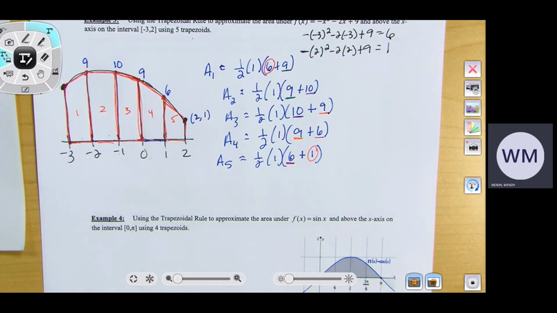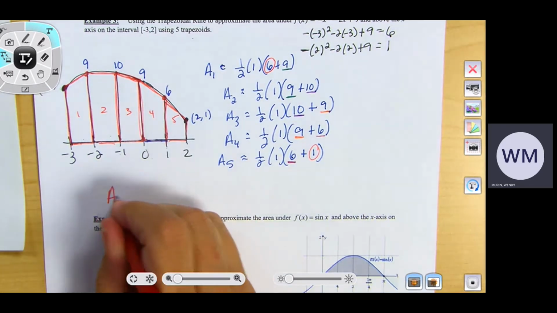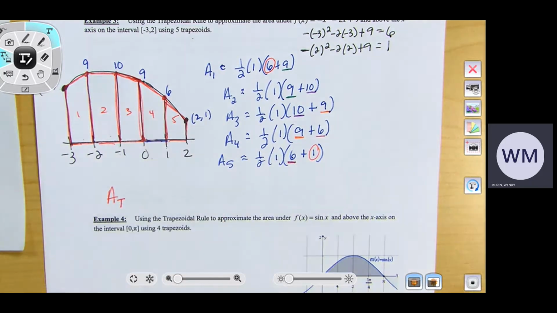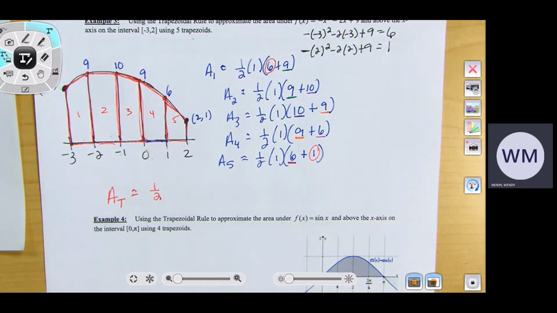So we can use a shortened formula, which says the area under the curve using the trapezoidal method is approximately equal to 1/2 the sum of the bases times the height.